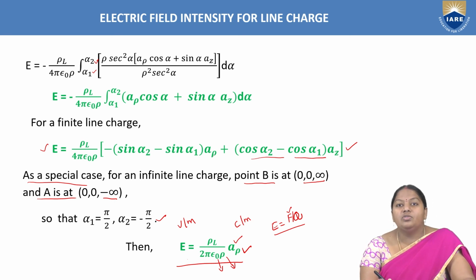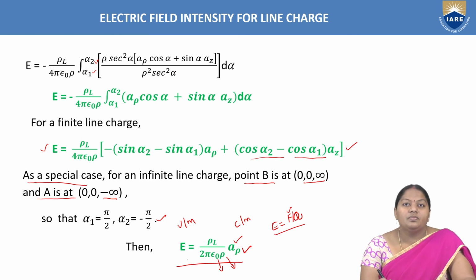And instead of 2-point charges, if we have n number of point charges located at n number of position vectors, we have evaluated the equation for the n point charges case of electric field intensity.